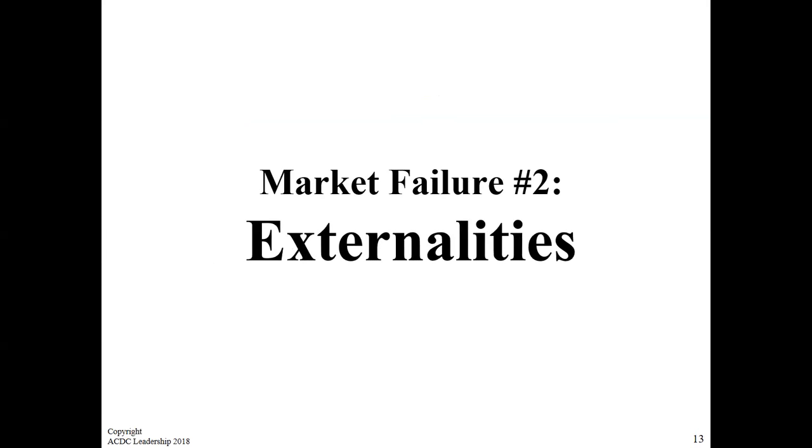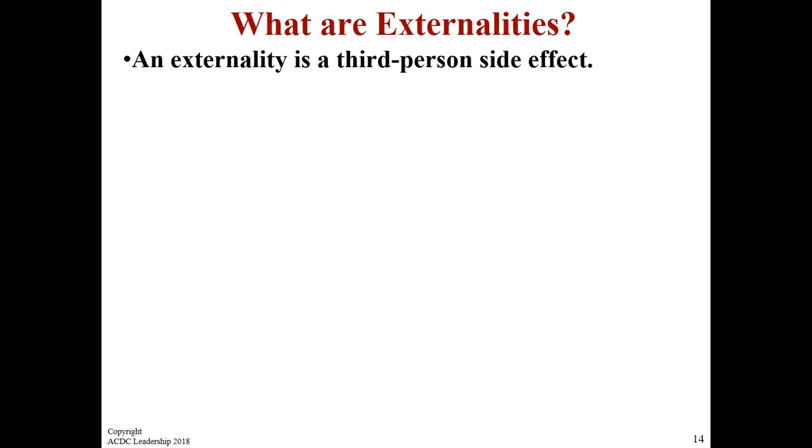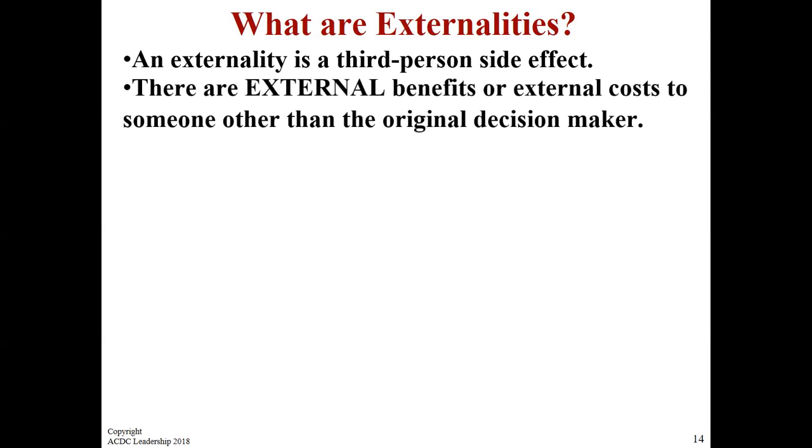Again, an externality is how a third person gets affected by something they didn't purchase or have anything to do with. It's a third person side effect, either benefiting them, like I get to watch these beautiful fireworks, or bothering them, like, those things are loud and I'm trying to go to sleep.